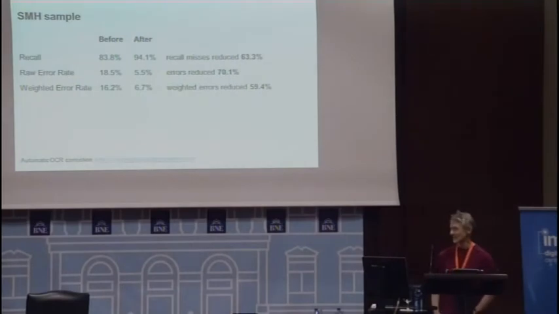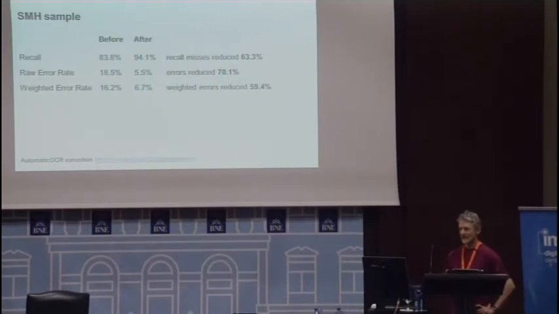And the headline one there, we got a 70% reduction in the word errors. But we did it 3 ways. There are 3 types of ways you can count. One is tokens, one is types, and another one is where we did a log entropy weighting to simulate what some search engines might do. Now, SMH stands for Sydney Morning Herald. That's an Australian thing.